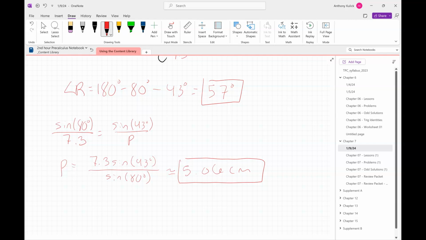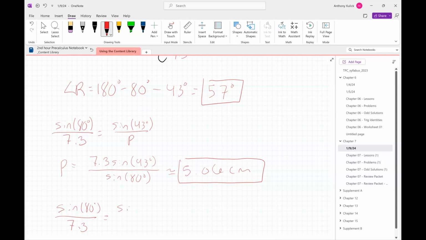Okay. And now we just need to solve for side R. So again, I'm going to start with the same ratio that I did last time. Sine 80 over 7.3. As Joey mentioned, we could use sine 43 over 5.06 instead. I would not, but you can. It's not wrong.